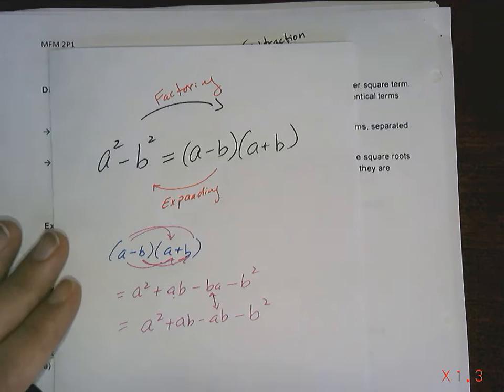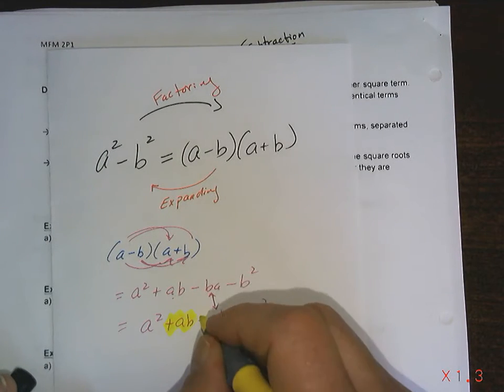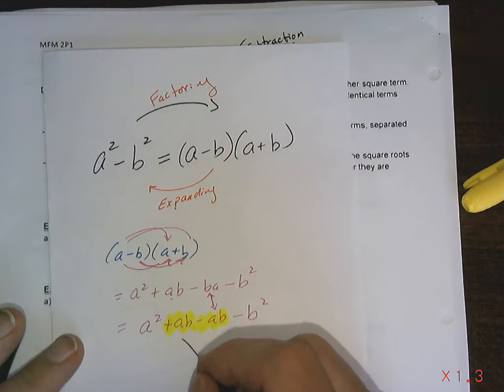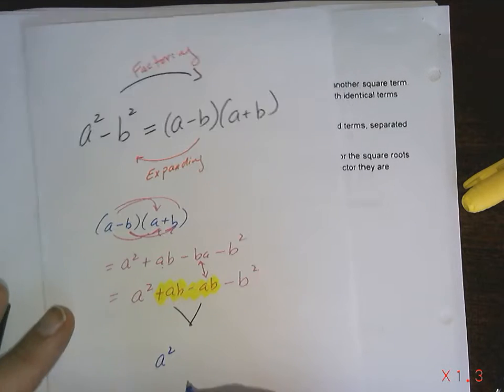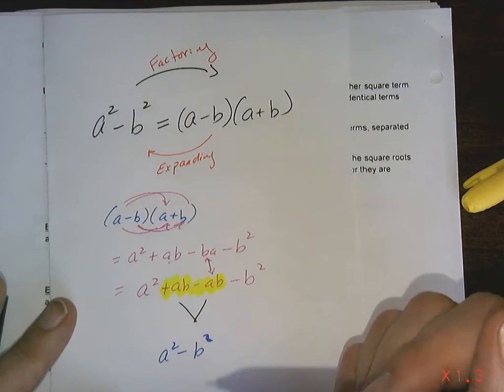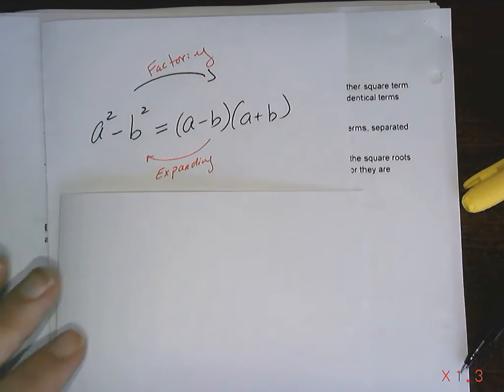Now, once I do that and start collecting like terms, I've got a positive AB and a negative AB. They go together to give me no more ABs. They're gone, which leaves me with A squared minus B squared, which is what I told you I was going to prove. Well, let's do that one more time, just so that you see it.